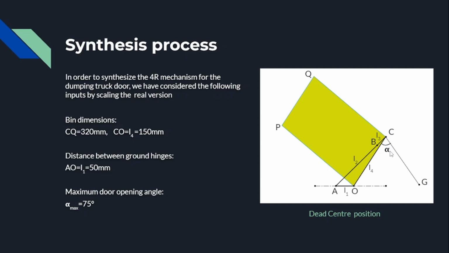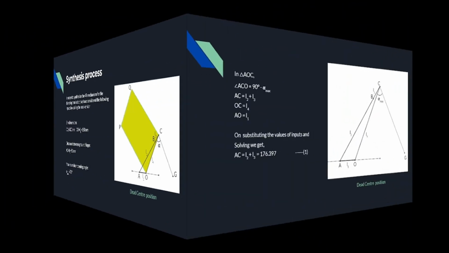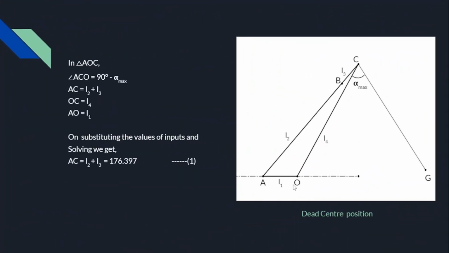Now let us look at the geometry that is involved. Initially, we are considering this configuration, which is a dead center configuration. In the dead center configuration, links L2 and L3 are collinear. Here, when we are considering this triangle AOC, the lengths AO and OC are already known from our assumptions, and we are trying to figure out the value of L2 plus L3.